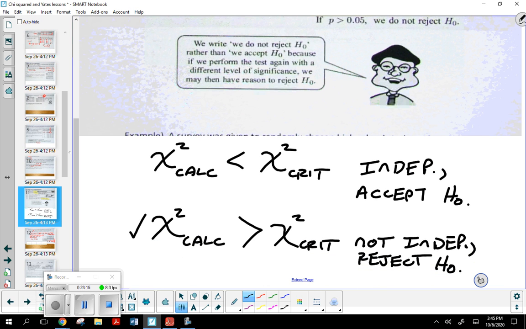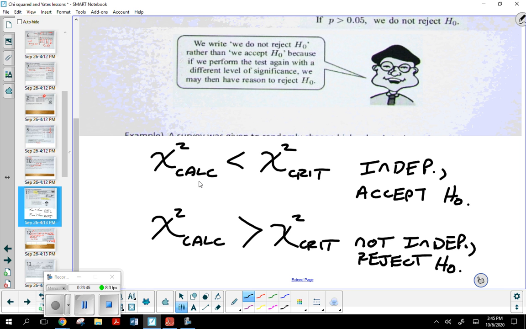If your calculated value is less than the critical, they're independent. We accept the null hypothesis, or we do not reject it. If your calculated value is greater than the critical, then they're not independent. There has to be a relationship, and we reject the null hypothesis. We saw this scenario right here. Our calculated value was less than the critical, so that tells me they have to be independent. There's no association.